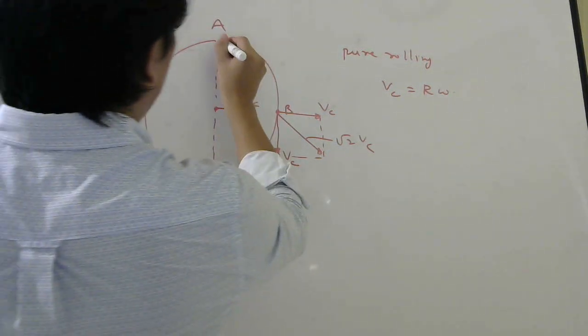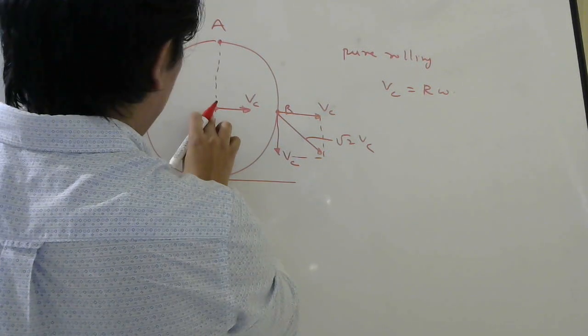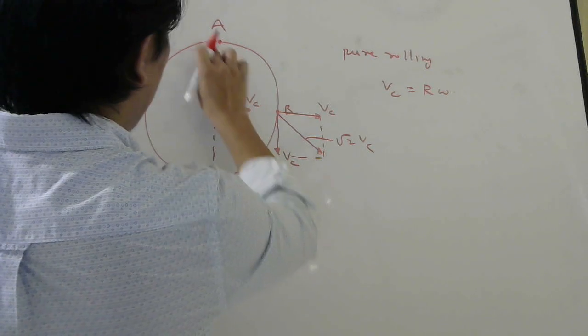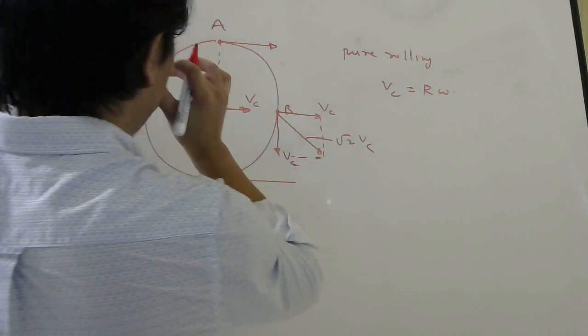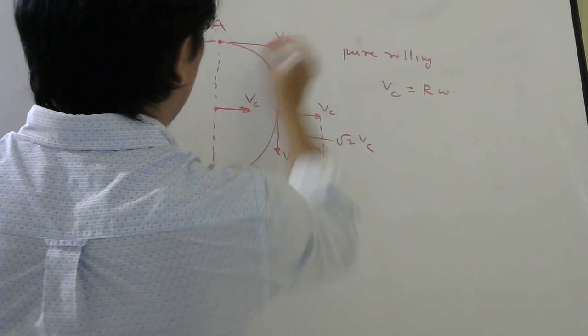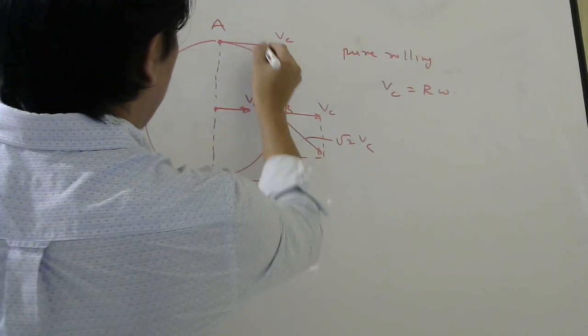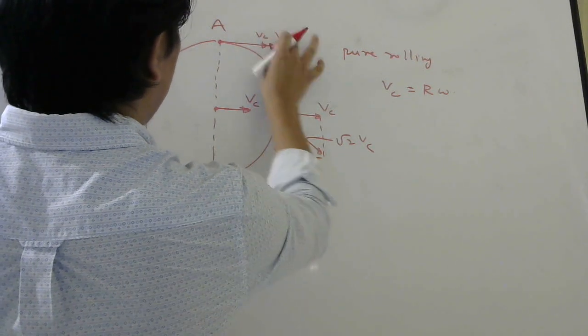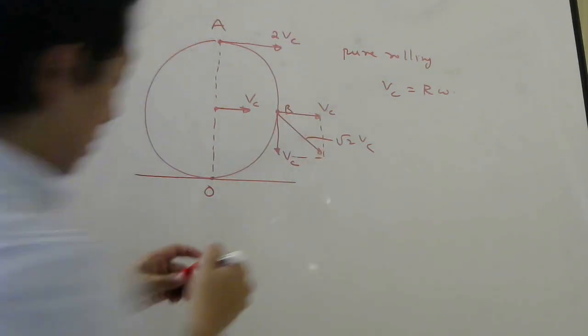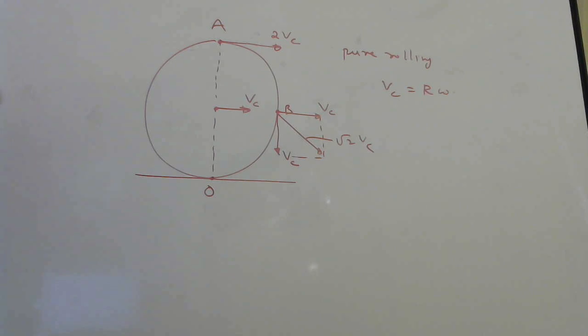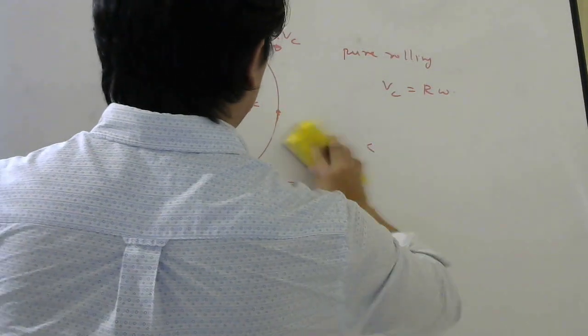What about this point? This point, if you see from the center of mass, it will have r omega tangential, no? So here we have r omega, and that is your Vc. Plus you have to add velocity of center of mass, Vc. So resultant velocity will be here 2Vc. So once we know the velocities, let us rub everything and only show the velocity.